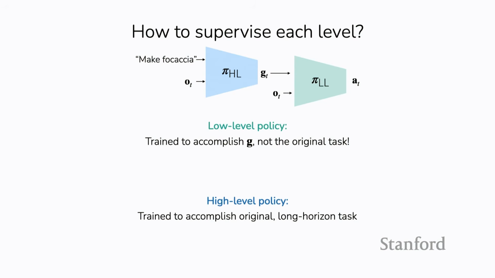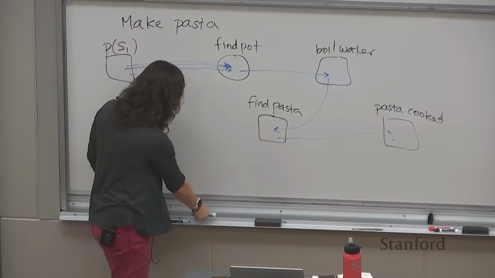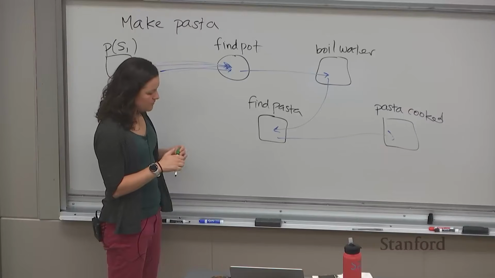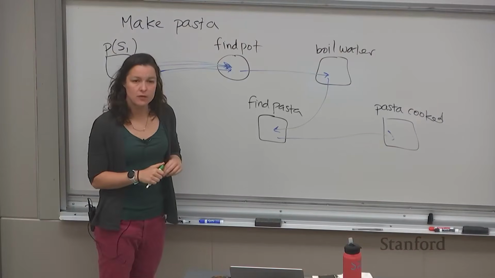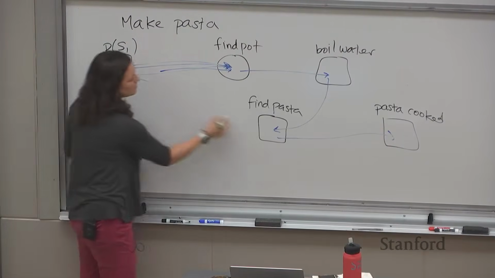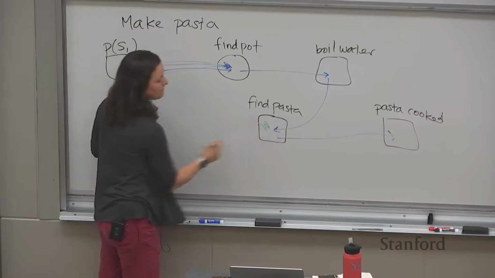And then when you train the policy for finding the pasta, if you weren't exactly careful with how you did this, maybe you would think, okay, maybe I could just start from this state and also try to find the pasta from this state over here.